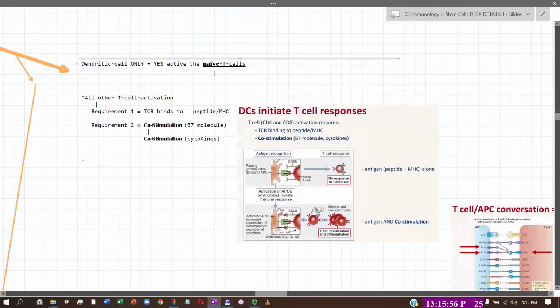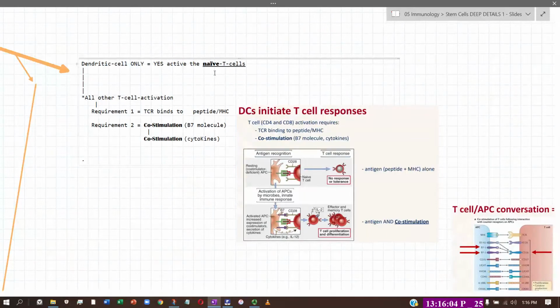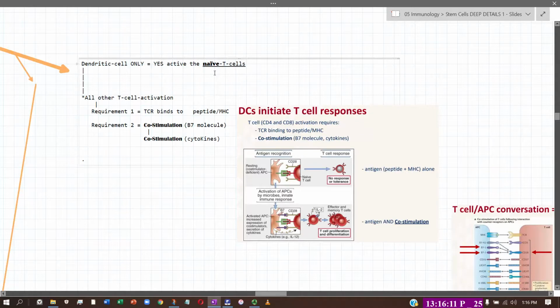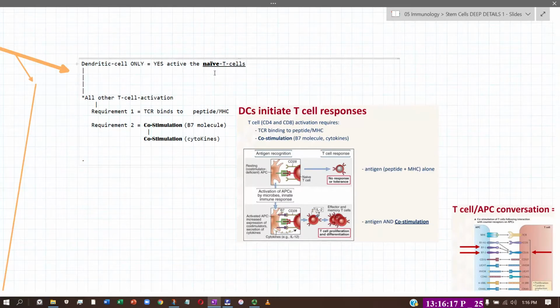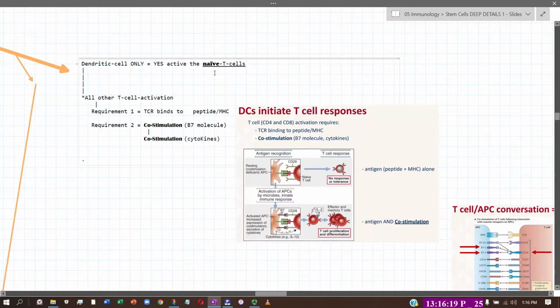All other T cell activations require two things. Requirement number one is that the TCR, the T cell receptor, binds to the peptide slash MHC, and the second requirement is that co-stimulation takes place, with the B7 molecule or with cytokines.